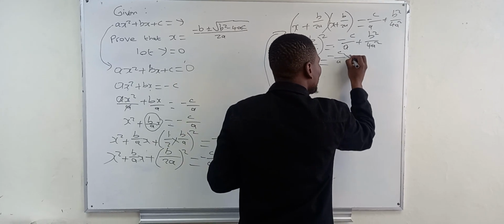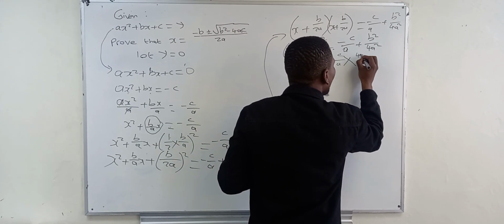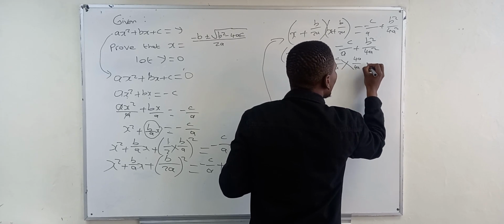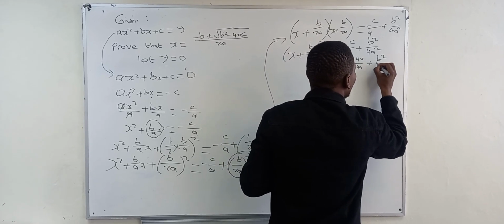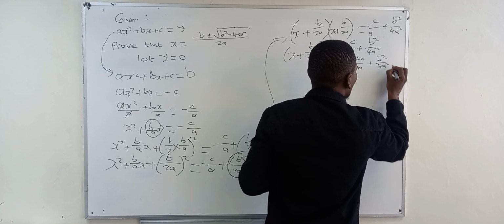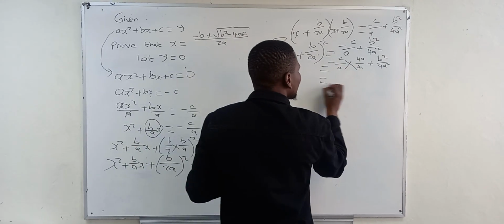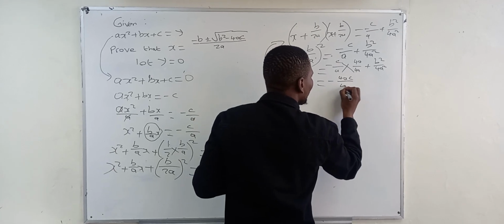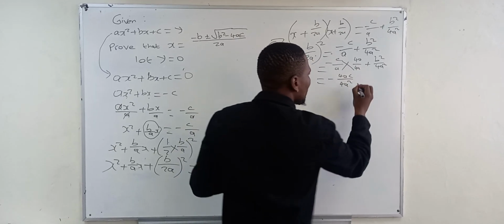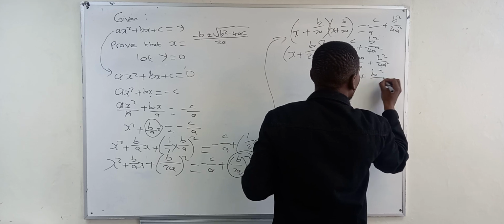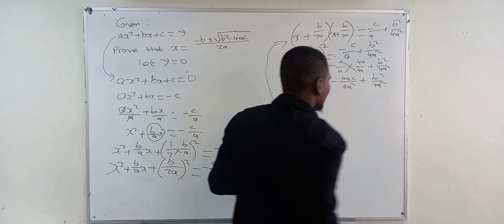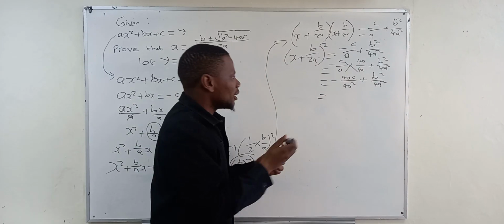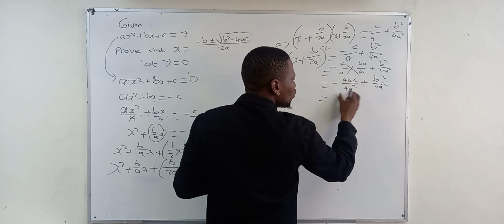So you multiply the bracket by 4a over 4a plus b squared over 4a squared. So you'll be having what? Minus 4ac over 4a squared plus b squared over 4a squared. So from now, guys, we are aware that we have a common denominator.